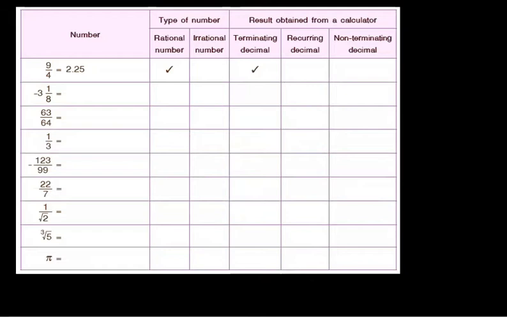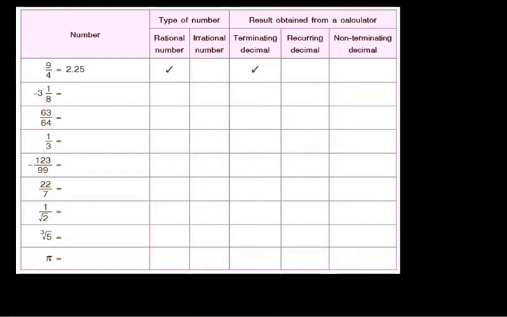Our answer or our result can be what we call a terminating decimal. It can be what we call a recurring decimal. A recurring decimal, you can also call it a repeating decimal. It can be what we call a non-terminating decimal.